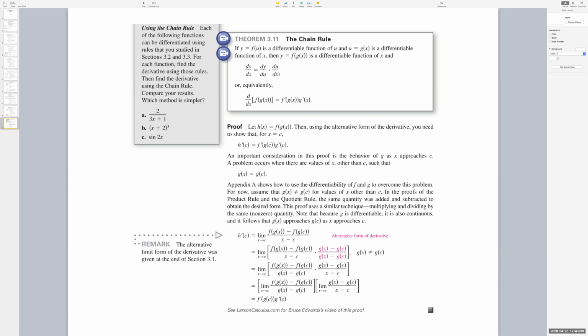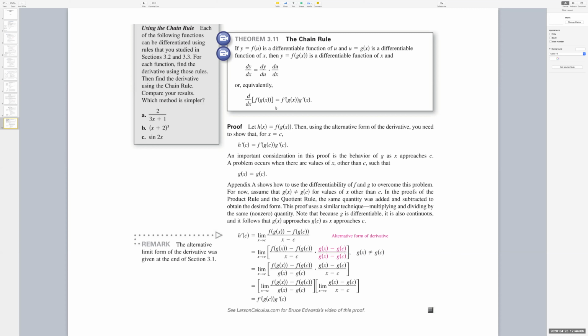So these are two different ways that you can think of how the chain rule works. In the first way, you substitute g of x by u, and then you find the derivative of y in terms of u, and then you multiply by the derivative of u in terms of x.